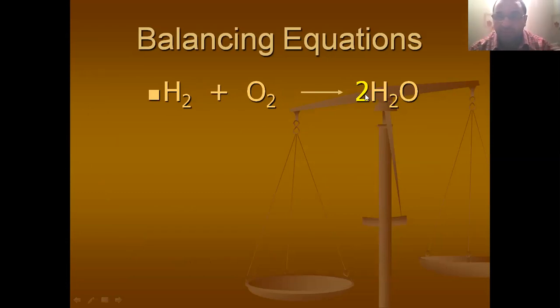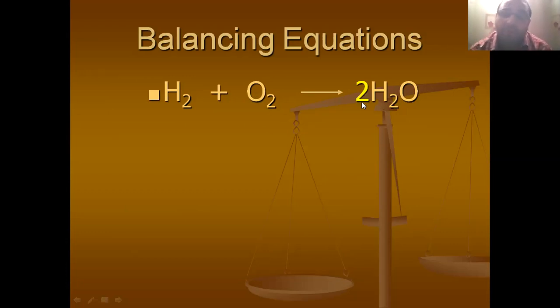This big number 2 is put to balance the oxygen. So 2 is multiplied with the hydrogen and multiplied with oxygen. So we have now 2 oxygen atoms on the right side. And on the left side, we have 2 oxygen. So now oxygen is balanced.